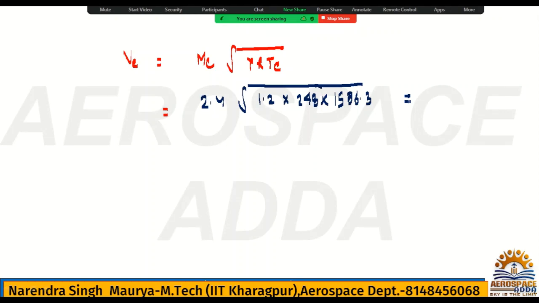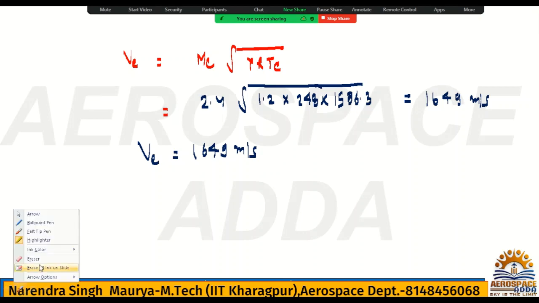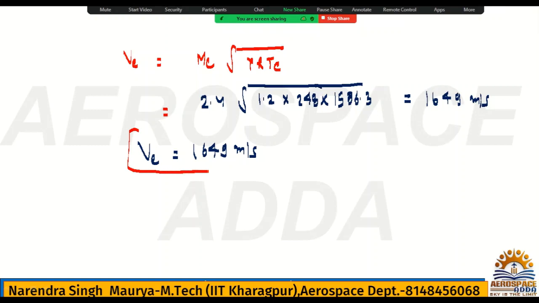Let me check how much it is. I'm getting 1649 meter per second. So VE is 1649 meter per second. This is the exit velocity.